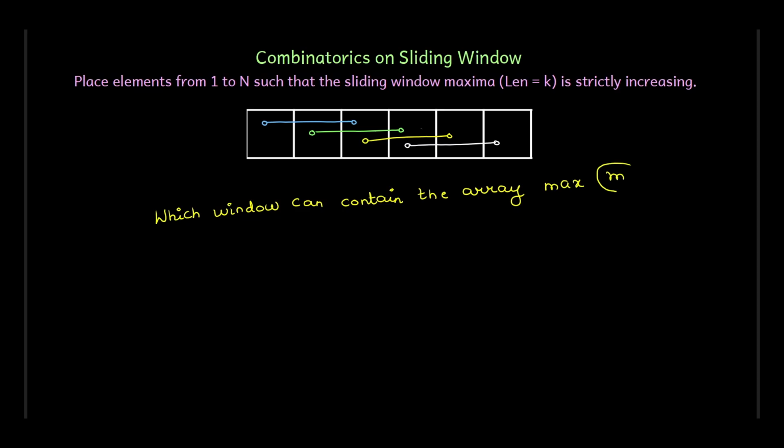Suppose m is the maximum element of the entire array and we have to find out where it can possibly be located. This is what we are trying to investigate.